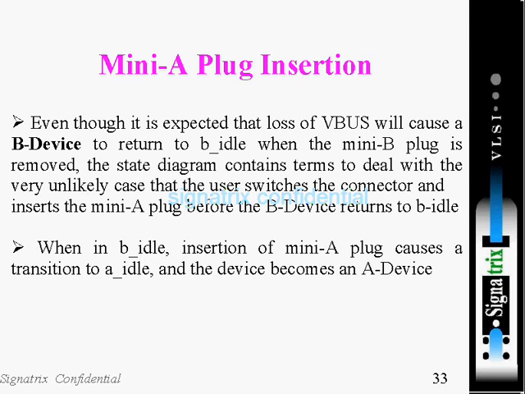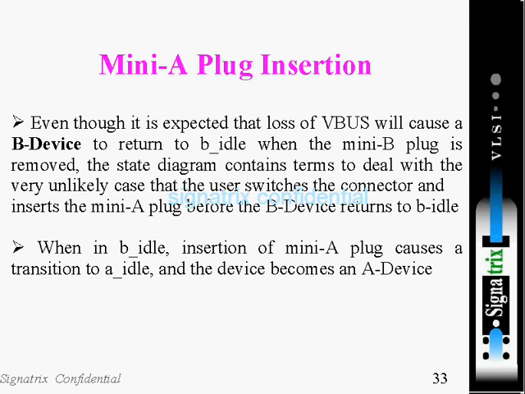For example, VBUS can rise from 0 to 5 volts. This is an example. If it reaches 3 volts, that will be considered A session valid. If it reaches 4 volts, that will be considered B session valid. Like that, voltage levels are there.